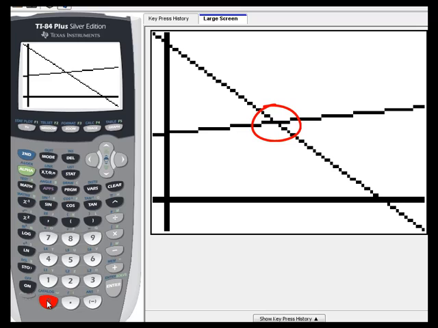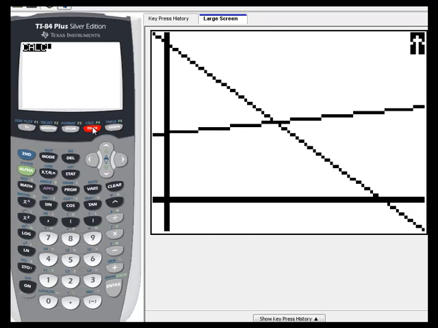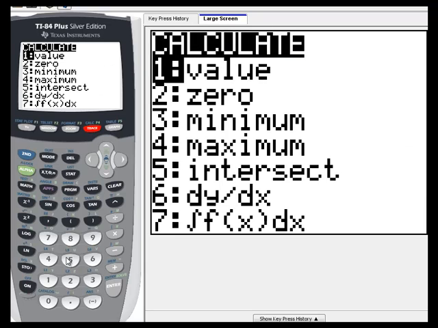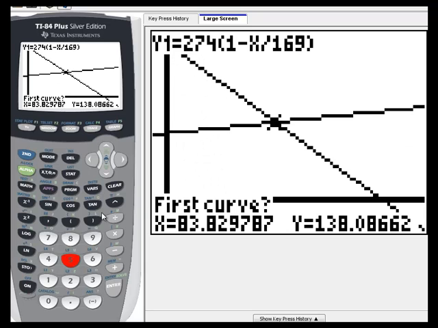And now let's go ahead and get it calculated with the calculator. We can achieve that by doing a second calculate intersect. Let's see, I like to move away a little ways to see what it is we have going on here. Okay, it's asking if that there is our first curve.